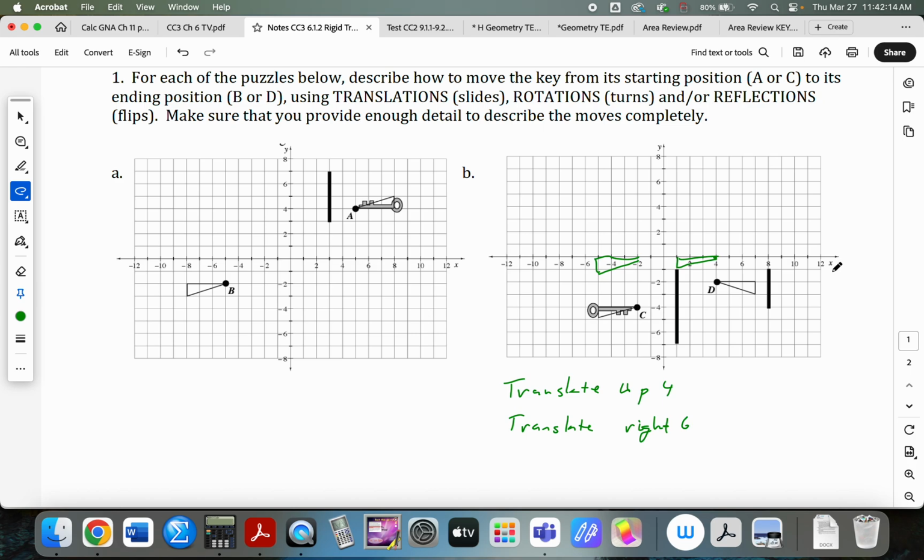Then what? You have to go to the right 180. And then I have to flip it. Okay, so you're saying rotate it around this point? Yeah, and then I have to flip it.